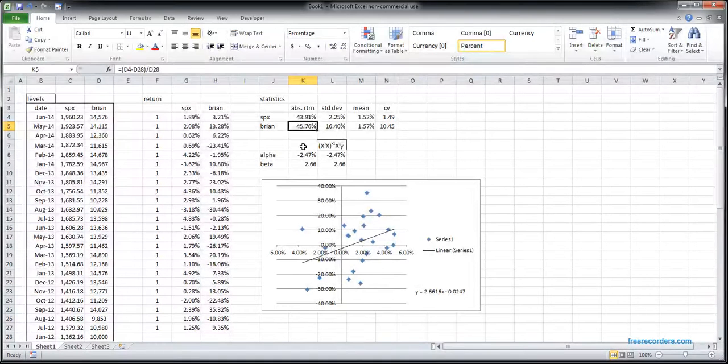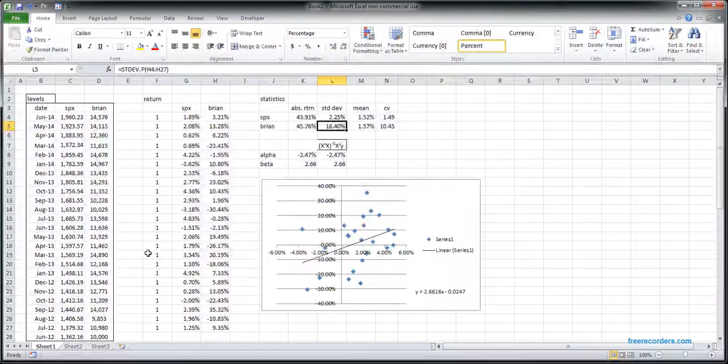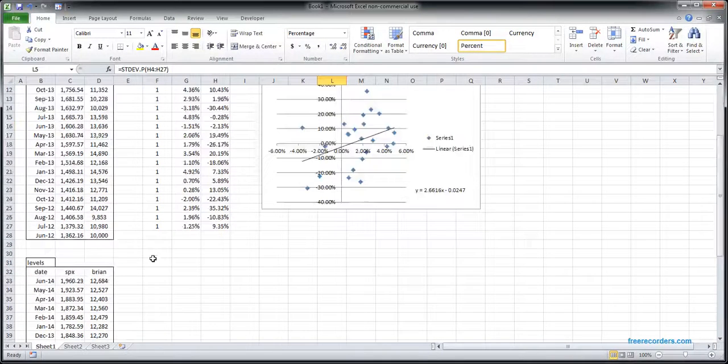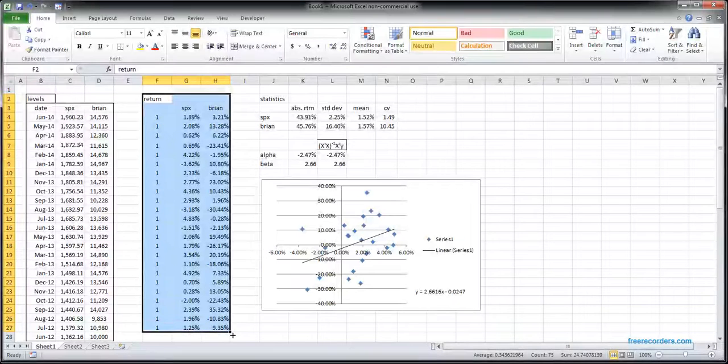We need to find an investment or adjust our strategy in a way that produces less volatility in order for it to be a desirable strategy. So now what I'm going to do is scroll down and show you a second scenario of returns.